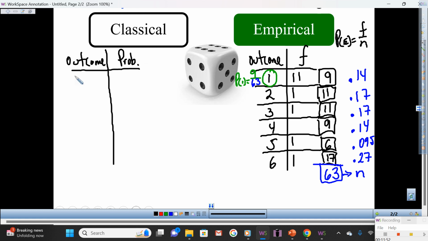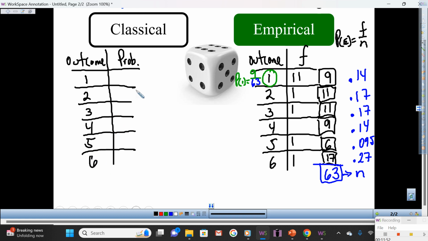Okay. So once again, how many outcomes do we have, everyone? So we got 1, 2, 3, 4, 5, and 6. And our formula, of course, P of E equals what?